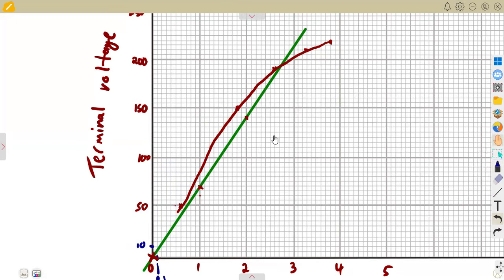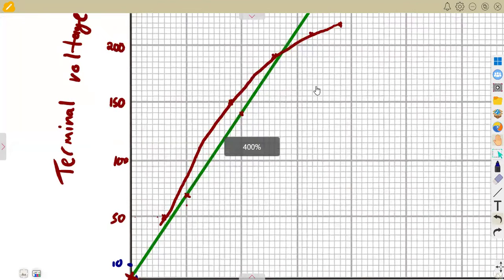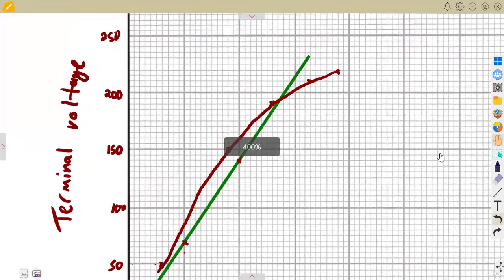So that is where we are going to have our voltage at the point of intersection. These two graphs are intersecting somewhere there. At that point of intersection, that's where we have the open circuit voltage.